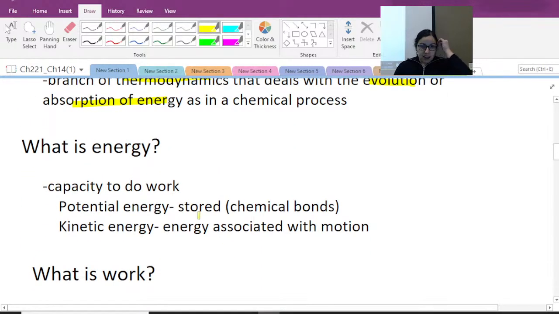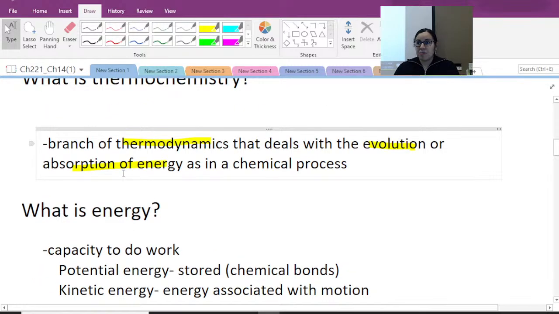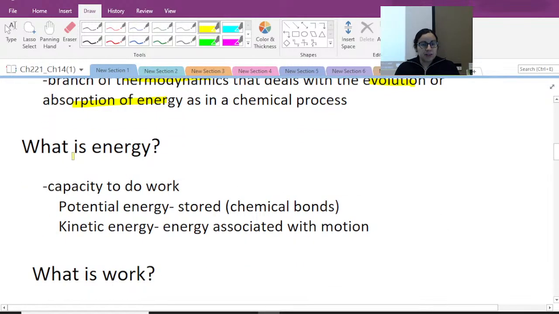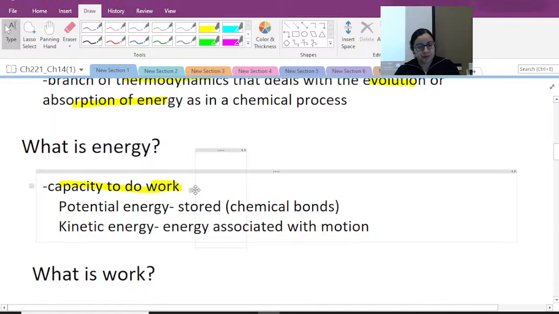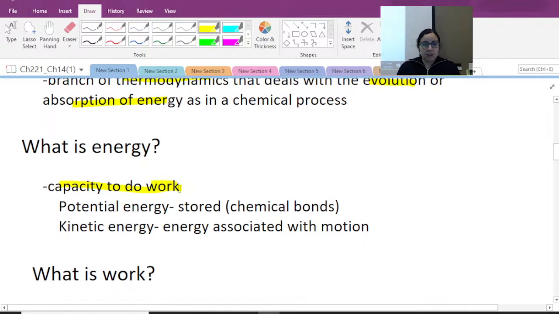And so what is energy? Energy is defined as the capacity to do work. We'll have to define work in a second. And energy is either potential energy, and usually for our purposes, we care about what's stored in the chemical bonds.